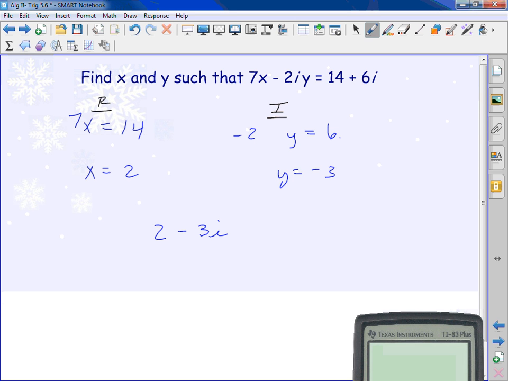So it's 2 minus 3i. Since you're just talking about the imaginaries, you don't need it there. So x is 2, y is negative 3. We don't have to put them together, because we were just looking for x and y. I was going a little bit further.